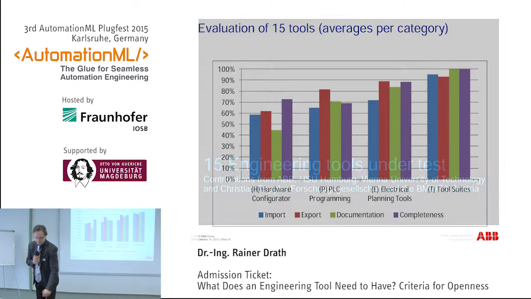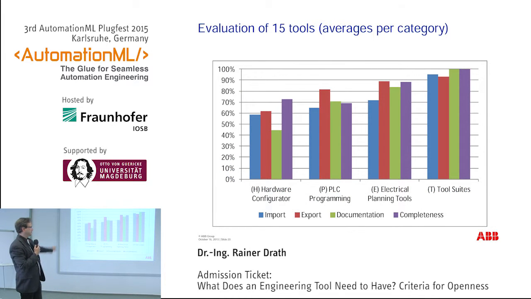What's interesting are the results of the different tool types: hardware configurator tools, PLC programming tools, electrical planning tools, and tool suites, evaluated over the different categories of questions. What's really interesting is that the hardware configurators are mostly poor in openness. And the highest level of openness we found in tool suites.